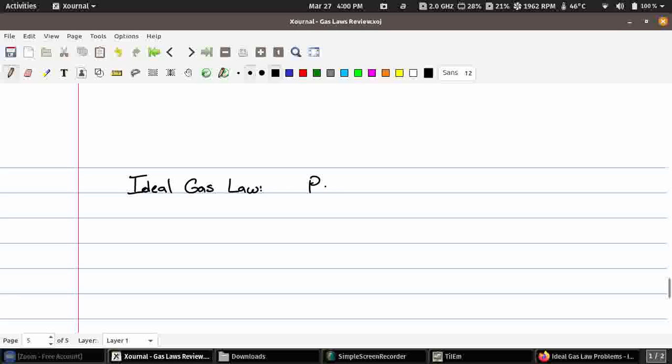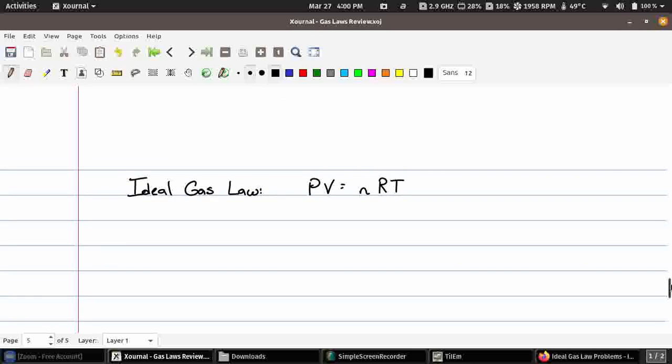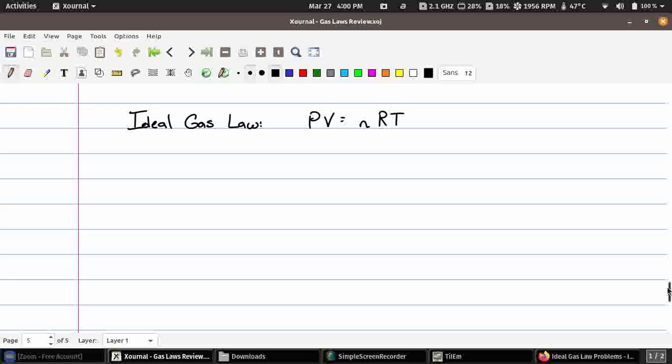The ideal gas law is pressure times volume equals moles times the gas constant times temperature. So what I want you to do, if you haven't done this, because we've already gone over this, is write down a little chart on the side. Doesn't matter where. I'm going to do it here. So we have pressure.